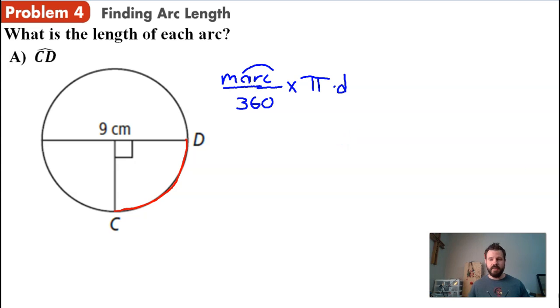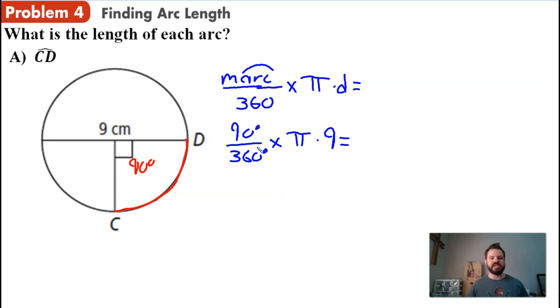Let's fill that in. Measure of the arc: I've got a 90-degree angle here, so we'll say 90 degrees over 360, times pi times the diameter, my 9. I'm just going to leave this one in terms of pi.